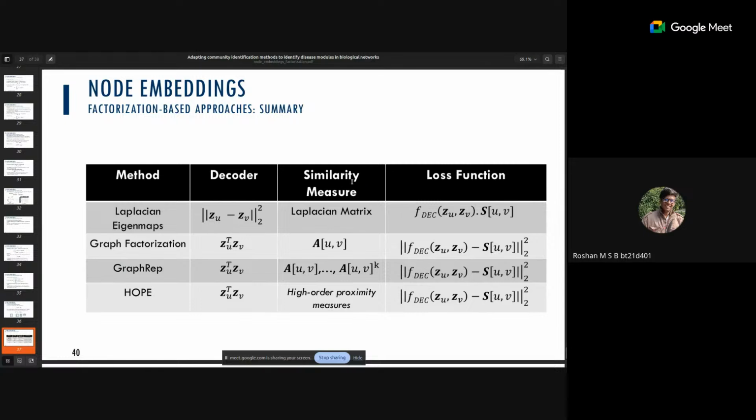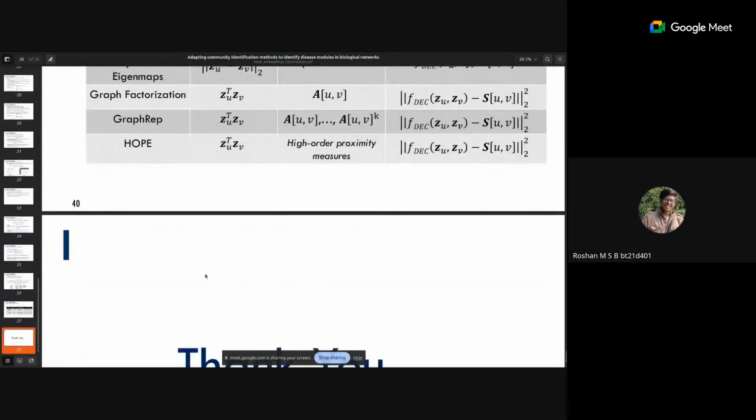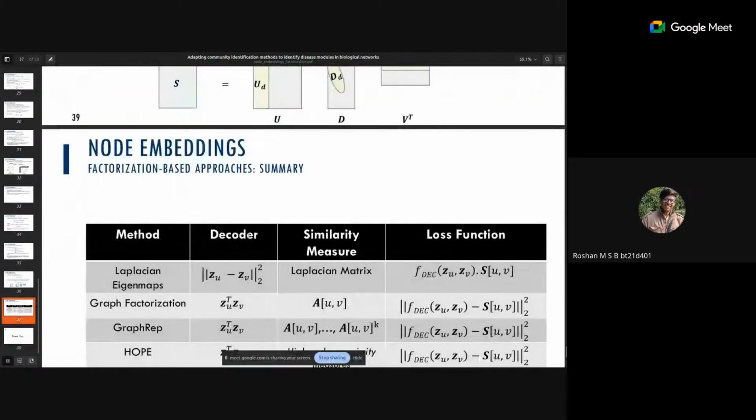You just need to know what is different, the decoder similarity measure and the loss function. Most of the time, the loss function will just be the mean squared error between the estimated similarity and the true similarity. But other than that, it's fine.